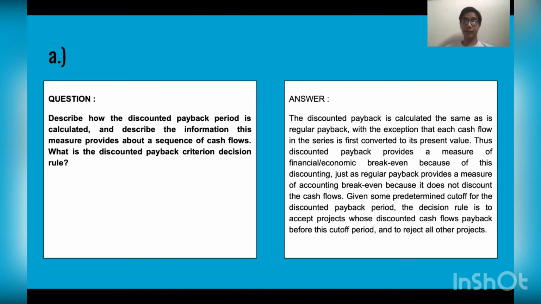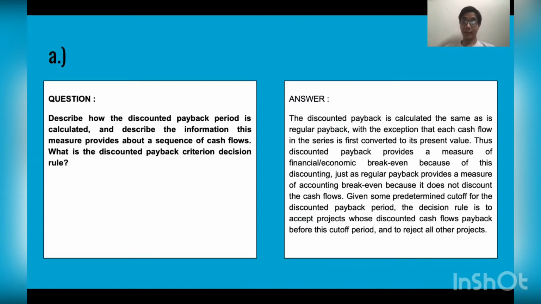Okay, so the answer is the discounted payback is calculated the same as regular payback, with the exception that each cash flow in the series is first converted to its present value. Thus, discounted payback provides a measure of financial or economic break-even because of this discounting, just as regular payback provides a measure of accounting break-even because it does not discount the cash flow.